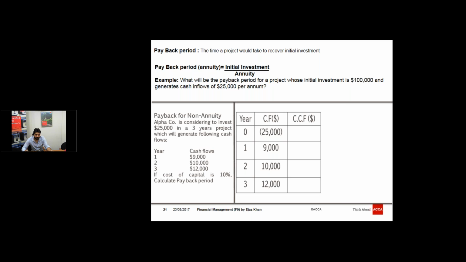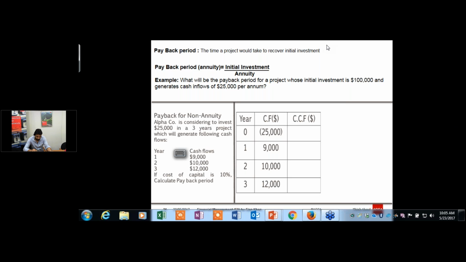When you are going to calculate a payback period for a project that generates constant cash flows every year, the formula for calculating the payback will be the initial investment divided by the annuity.